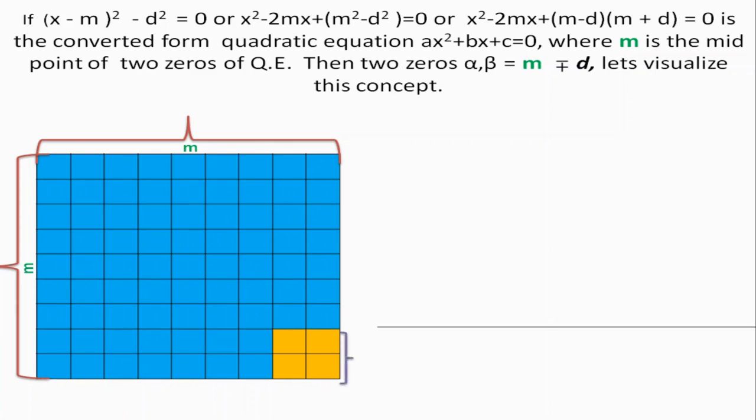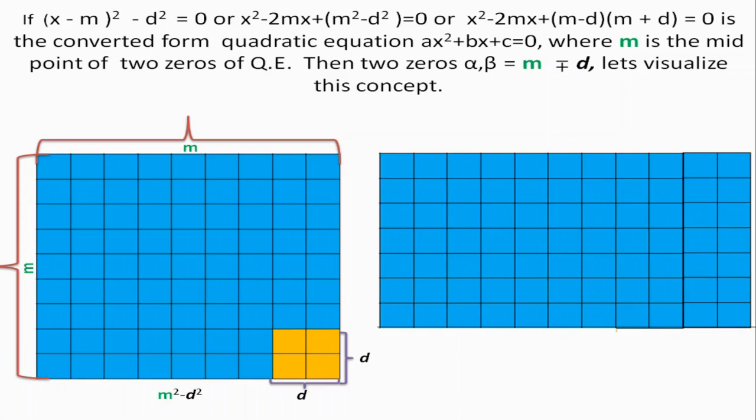The total square is m square, but the blue portion shown here is m square minus d square, and the yellow portion shown here is d square. So only this blue portion is called m square minus d square.